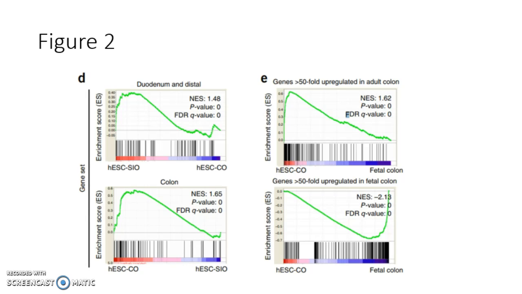Human embryonic stem cell derived colonic organoids closely resembled the colon and rectum organoids. So very similar. And you're seeing the same thing over here. Take note that these are negative. This is a negative scaling here.